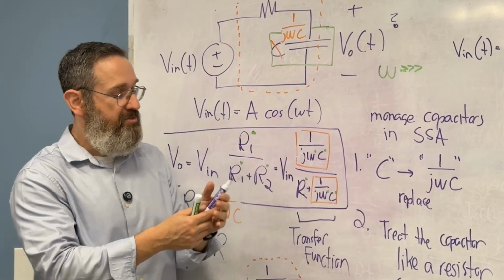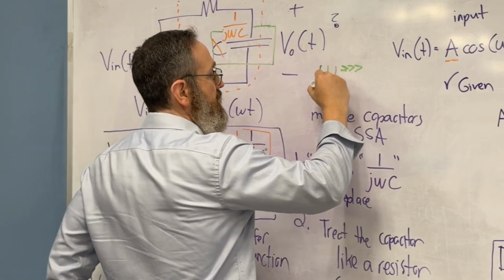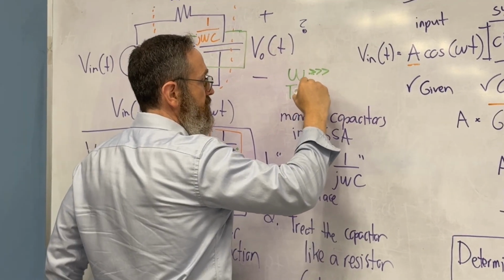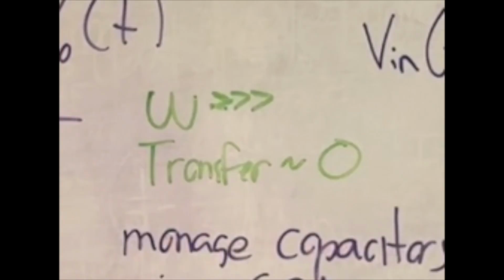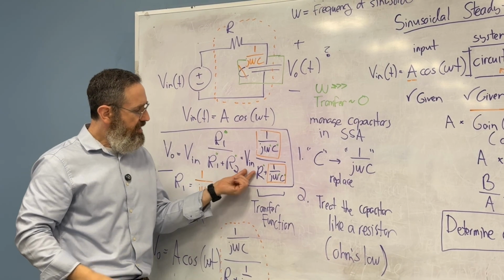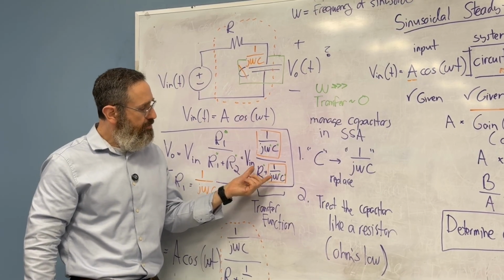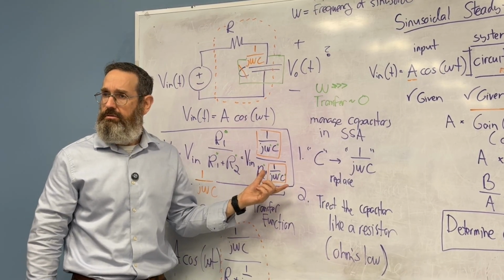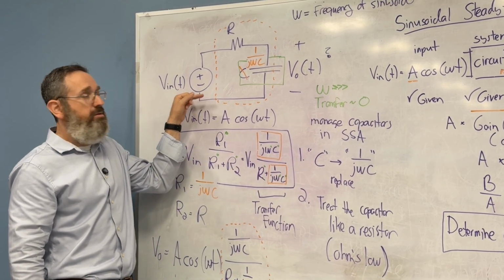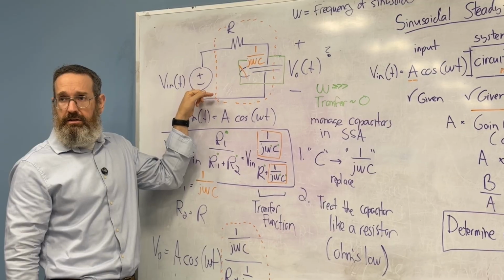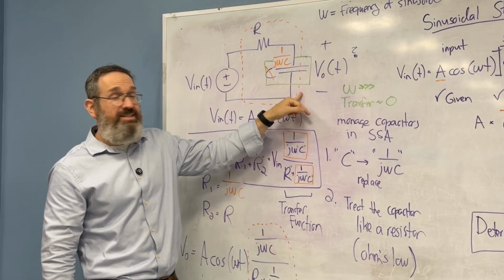So when the frequency is very big, the transfer function is about 0. What does that mean? It means that the input is being multiplied by 0. If the frequency of the input is very big, the output is 0.